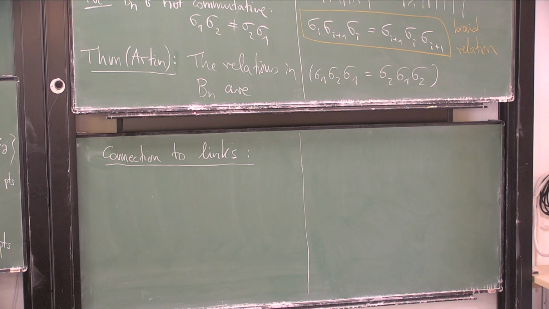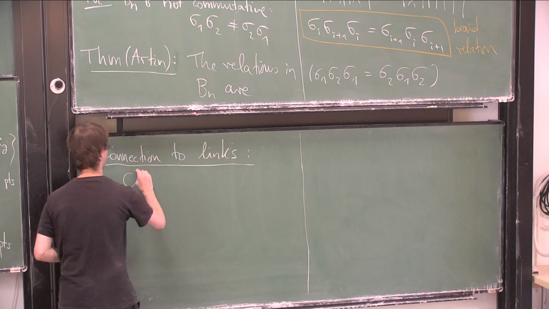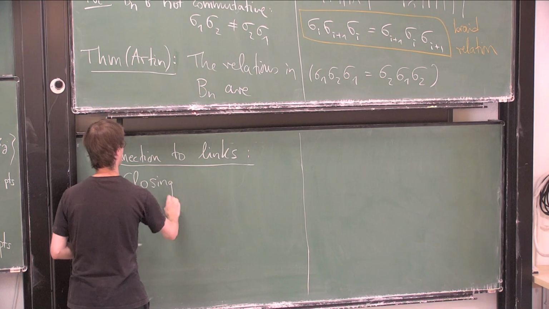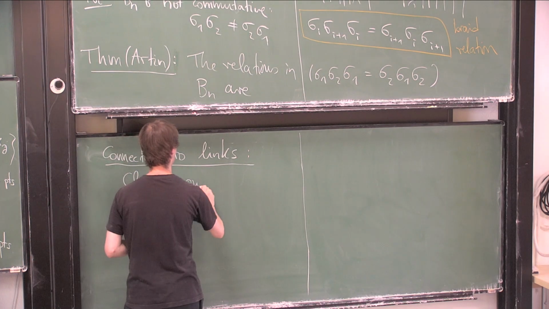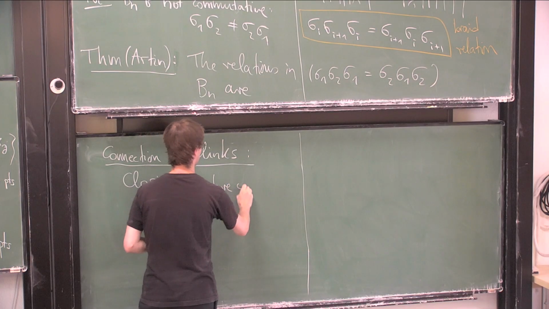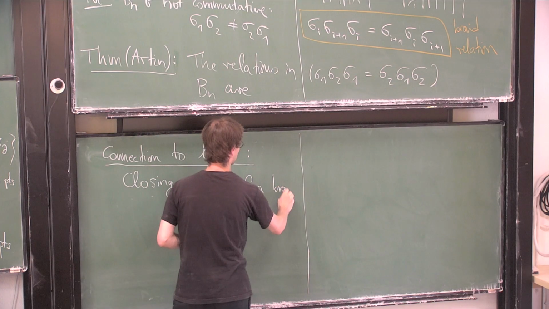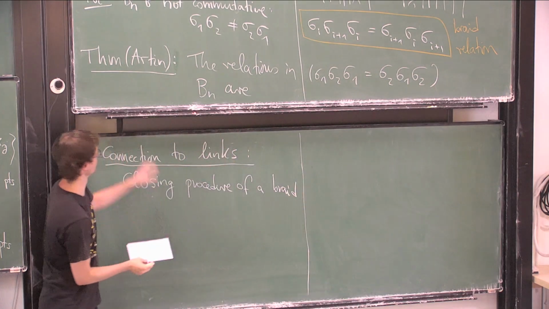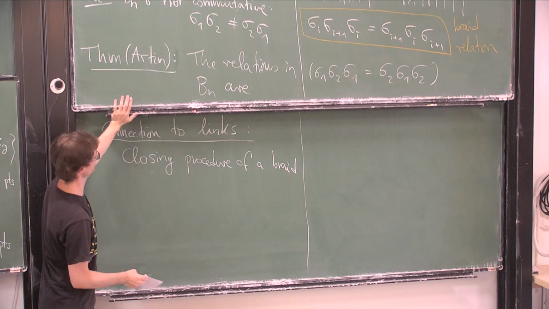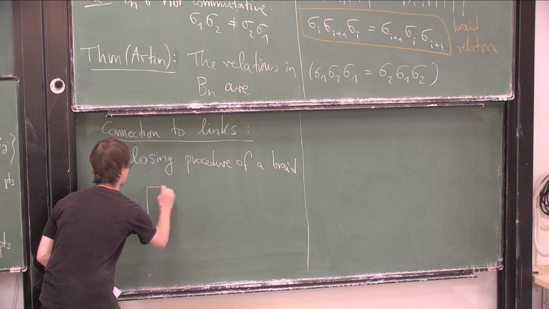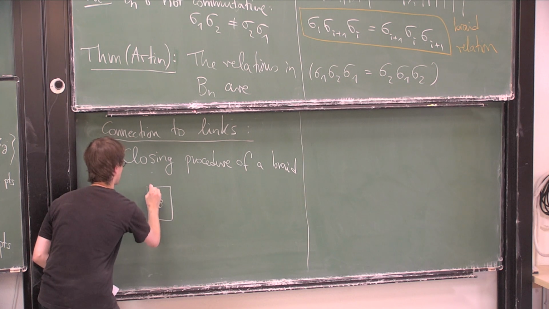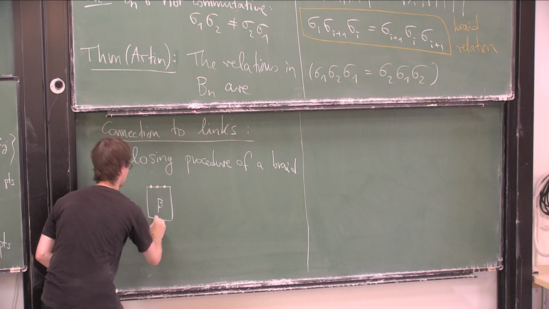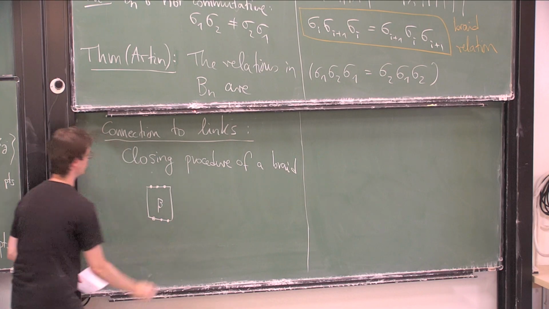So there's a procedure which is called the closing procedure. The closing procedure of a braid goes as follows. You take a braid. I'll just draw it as a box. So you have these end points and these beginning, starting points.